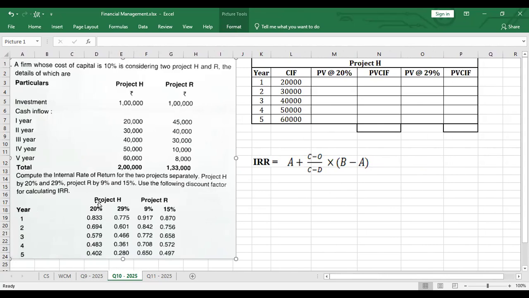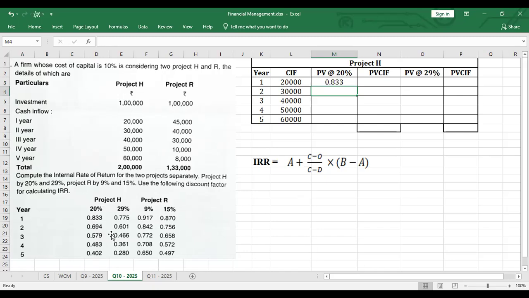Now let us move further to the solution. First we will calculate for project H. Cash inflows they have given are 20, 30, 40, 50 and 60. The discount factors at 20% are 0.833, 0.694, 0.579, 0.483, then 0.402.